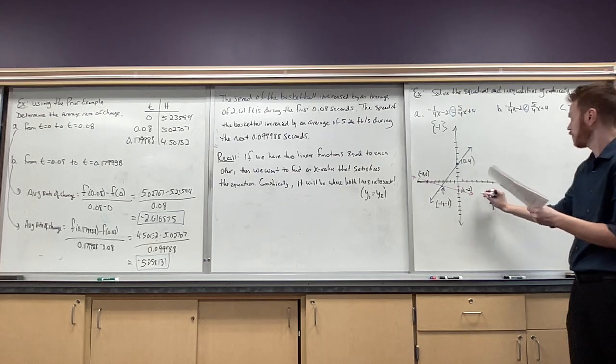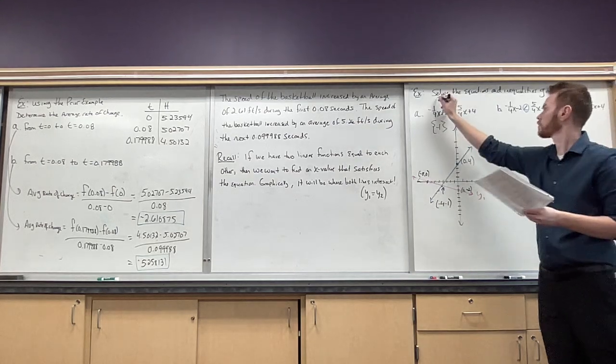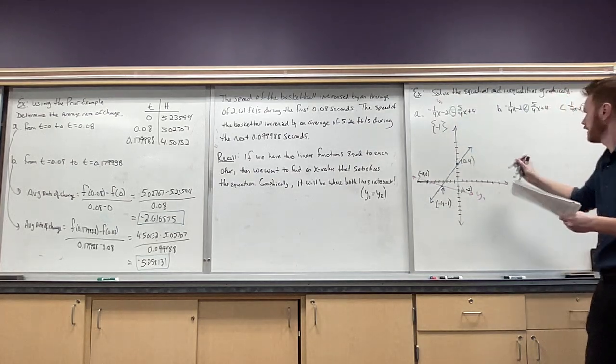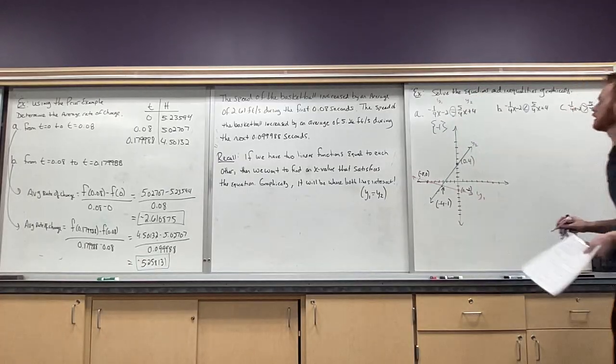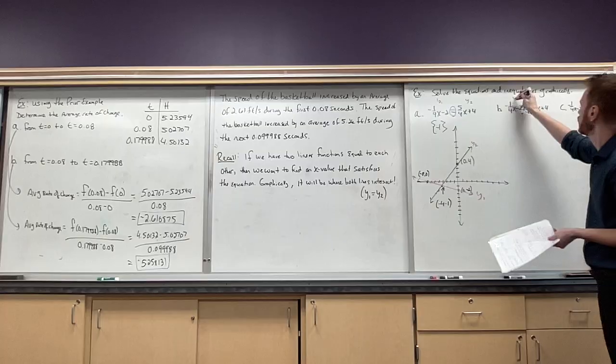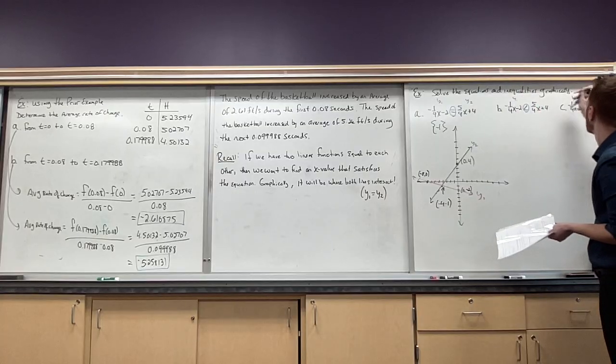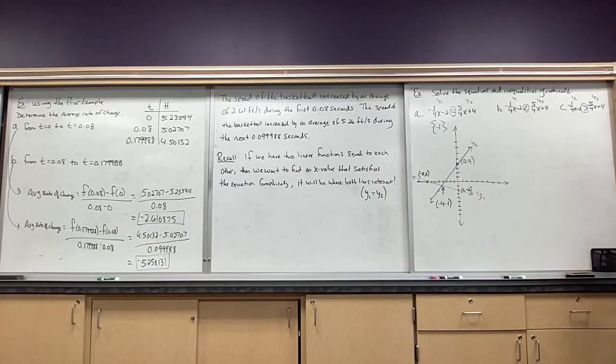So this would be y1, and then this guy's y2. So this is y1. This is y2. There we go. Hopefully that helps. That way it's a little easier to make the comparison.